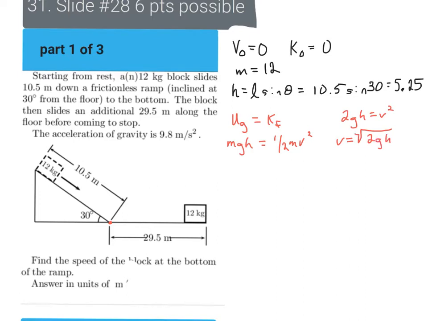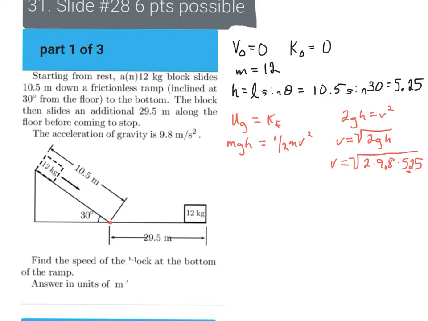So at that point, we can just plug in our numbers, and we should get velocity is the square root of 2 times 9.8, and then my height comes out to 5.25. So 2 times 9.8 times 5.25.